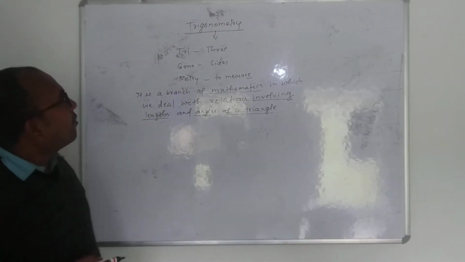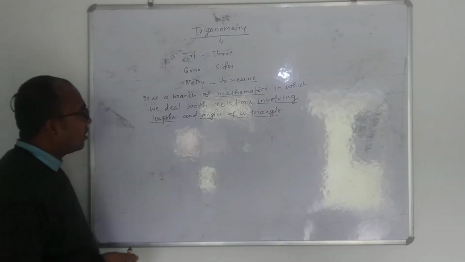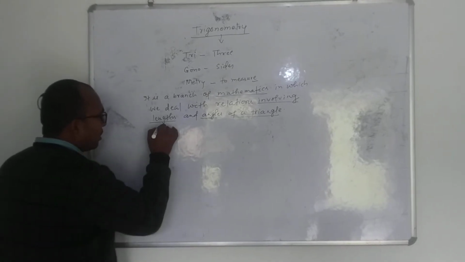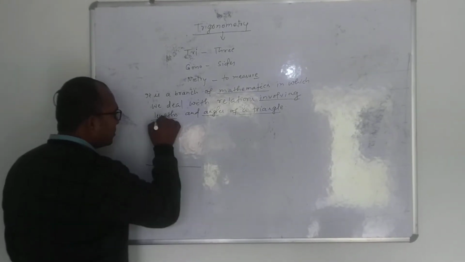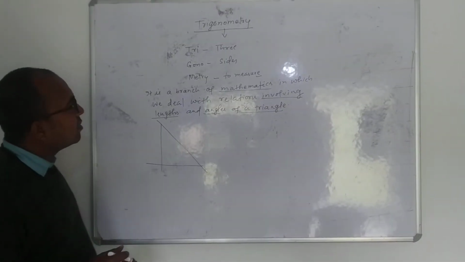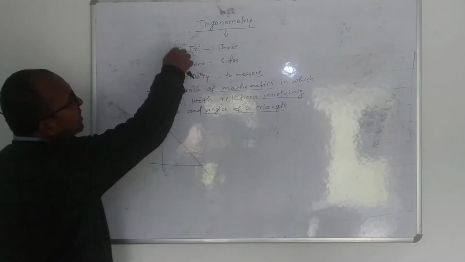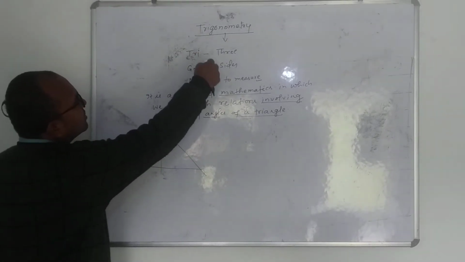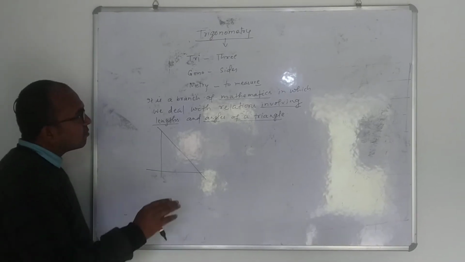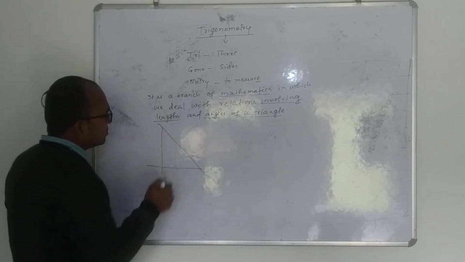Students, before starting this chapter, we should know about the terms involving a right angle triangle. Basically, students, we relate these three sides, and we measure the relation between lengths and angles.